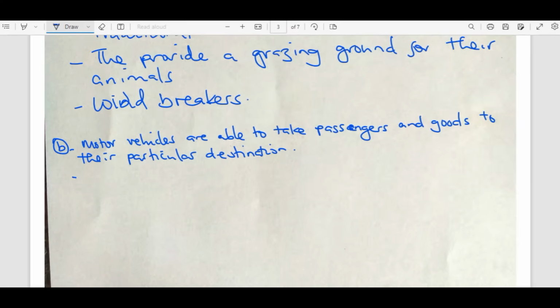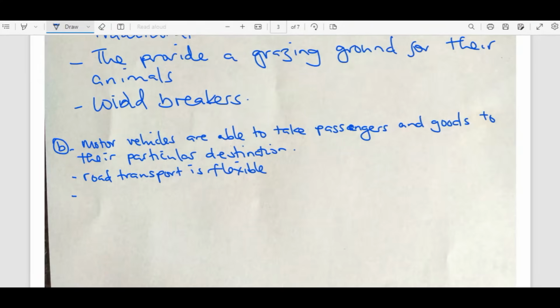Let us look at the second one. Road transport is flexible.